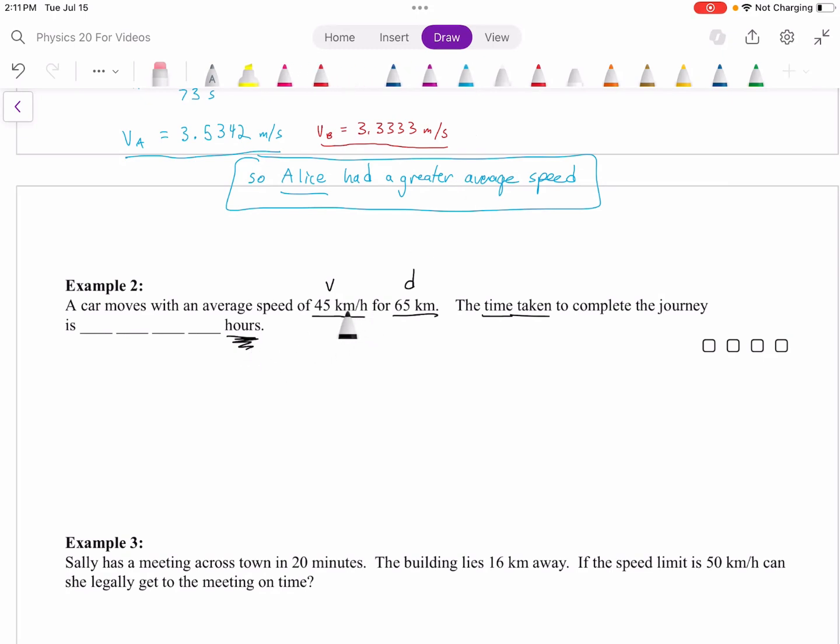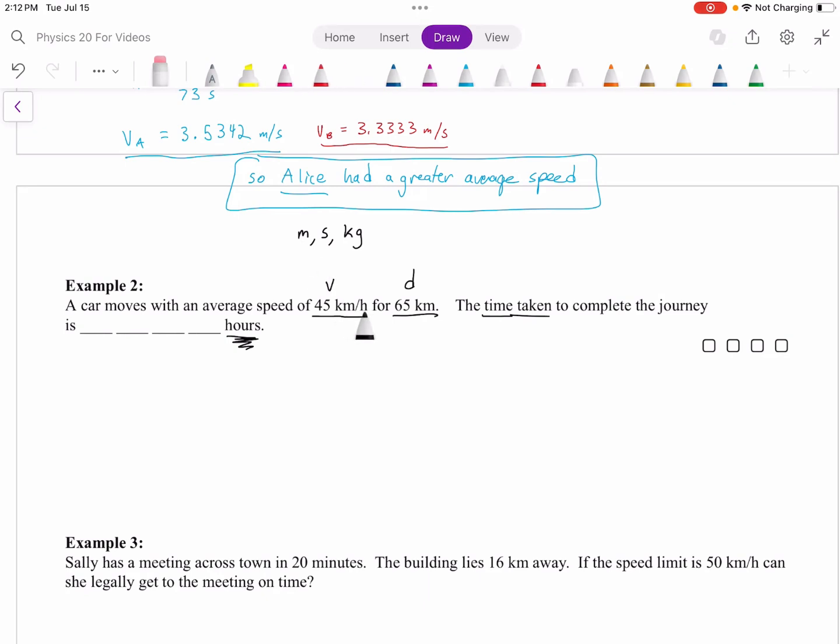As we noticed here, kilometers per hour. In physics, we typically want to work with base units. That's meters, seconds, and once we start doing mass, kilograms. Okay, so kilometers, also a measure of distance, but typically we want to convert those kilometers to meters.